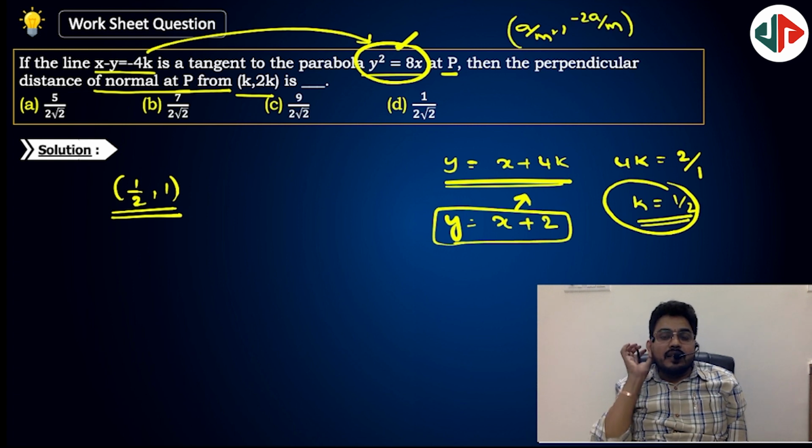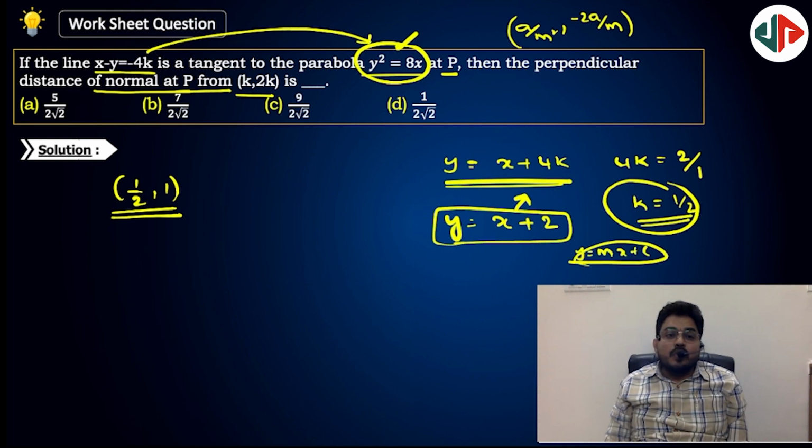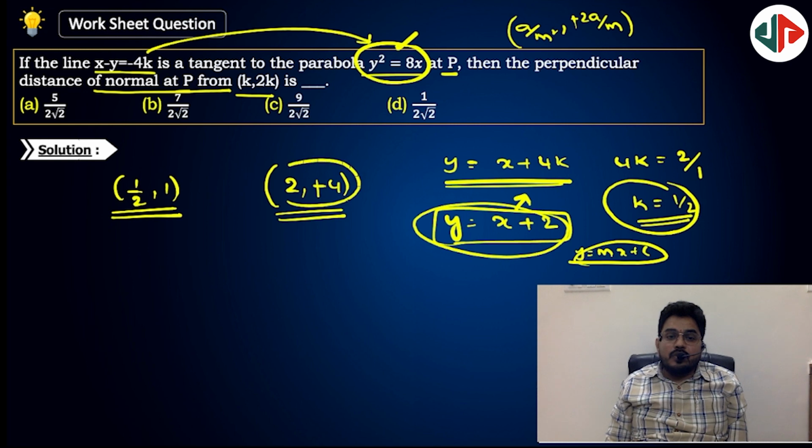This is the point of contact when y is equal to mx plus c. Here m is equal to 1, so a by m square and 2a by m, so (2, 4). So the line perpendicular to this one and passing through (2, 4), I can write as x plus y minus 6 is equal to 0.